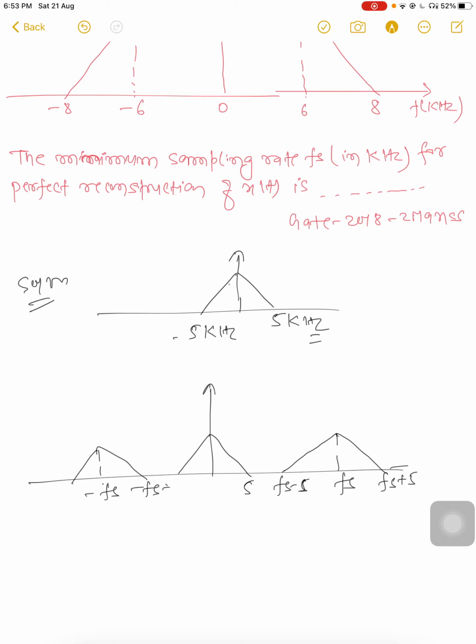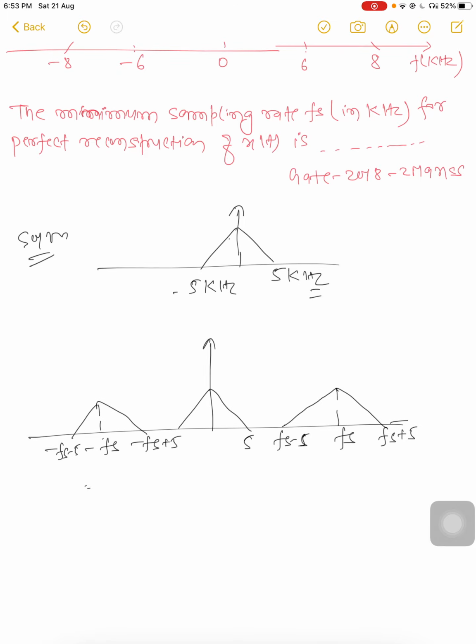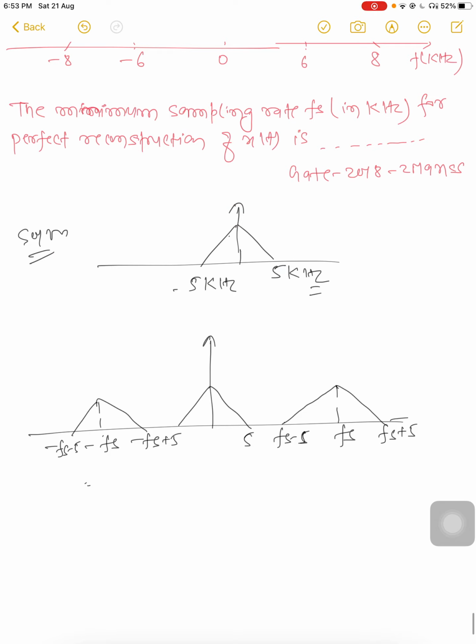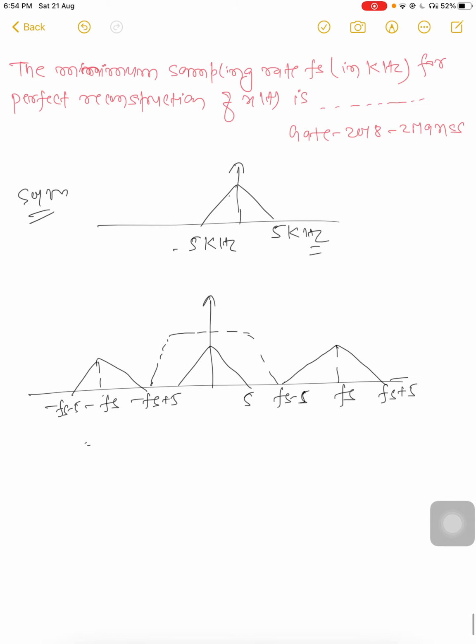Here you will get minus fs, and from here minus fs plus 5 and minus fs minus 5. So for proper reconstruction, the filter is given as 8 kilohertz, and the signal is band limited, so you will get this signal.